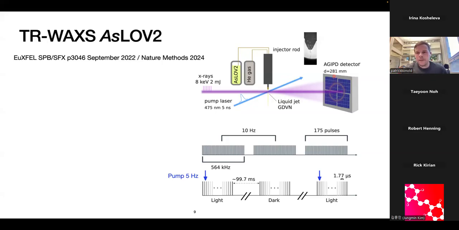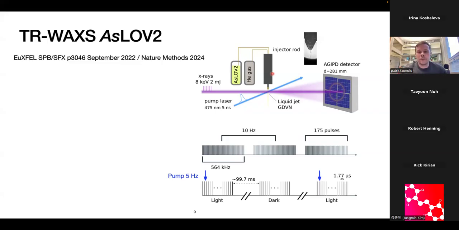And the AGIPD detector had a distance of about 28 centimeters. The sample itself was delivered to the X-rays using a GDVN. This is one of the 3D printed GDVNs that are fairly common nowadays at the European XFEL.